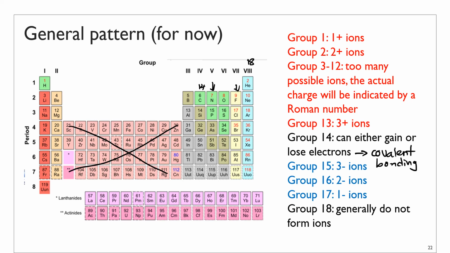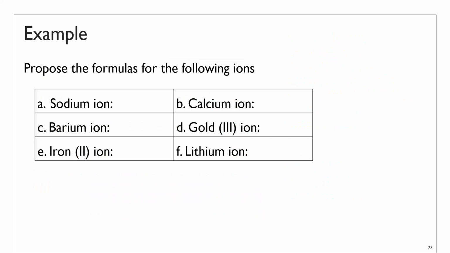Okay? I'll show you an example. This is a question that you might be asked. Propose the formulas for the following ions. If it is sodium, you just need to find where it is. Sodium is group 1, which means that the atom has 1 valence electron. If we follow the octet rule, the atom is going to lose that valence electron to become positively charged.